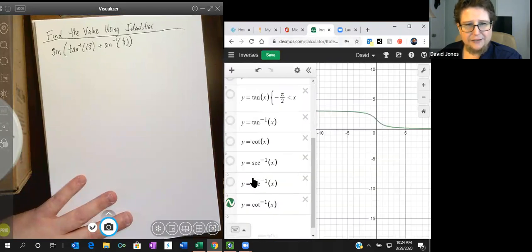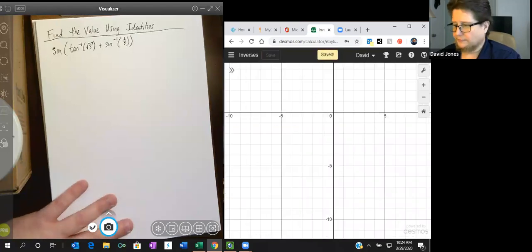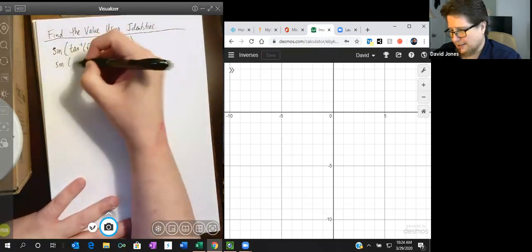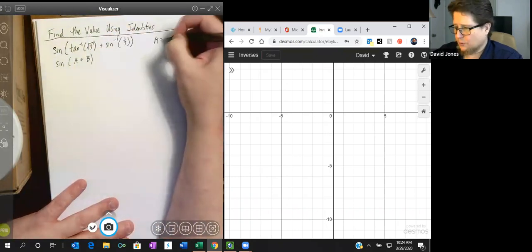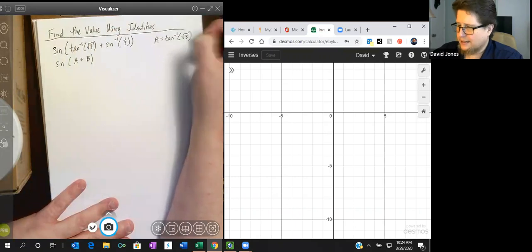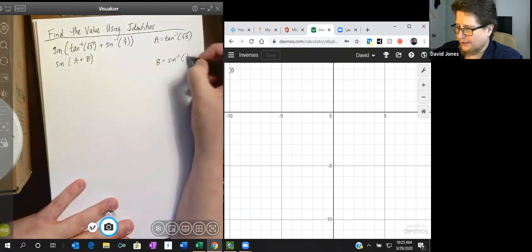Let's just turn off that picture. So this is a lot like sine of a plus b, where a equals tangent inverse of root 3, and b is sine inverse of 1/3.